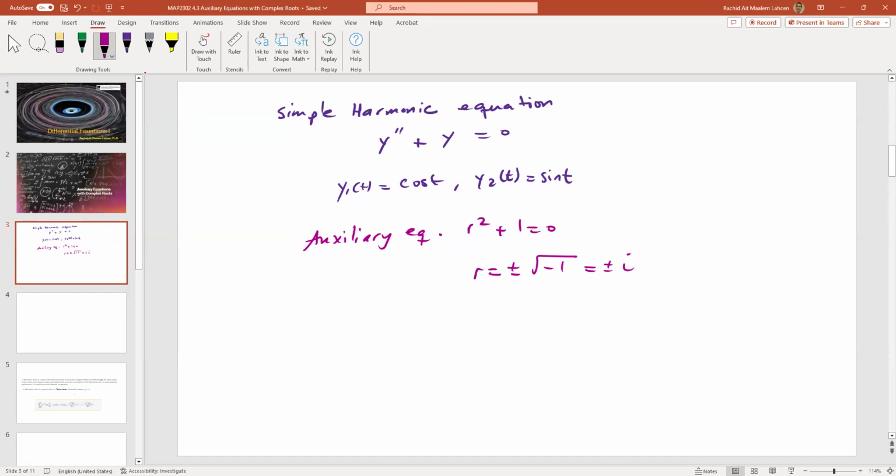And in the previous sections of linear second order equations with constant coefficients, of course, we expressed this in terms of exponential functions. So previously, we expressed solutions in terms of e to the r1 t, e to the r2 t, right?